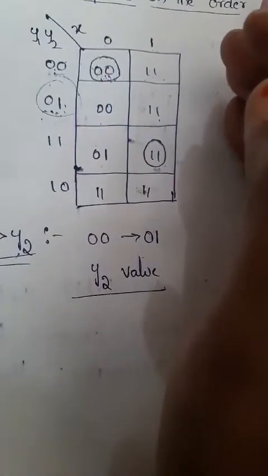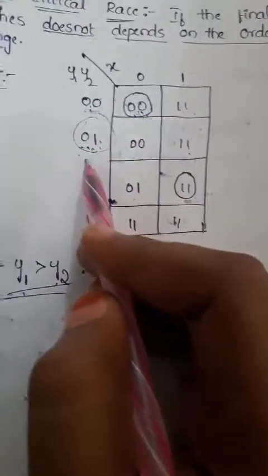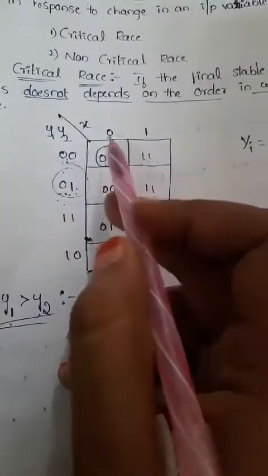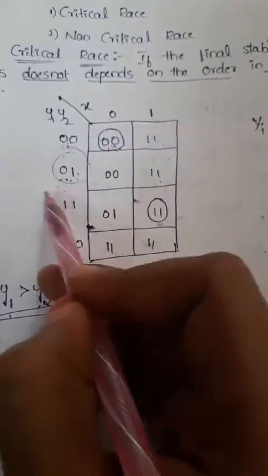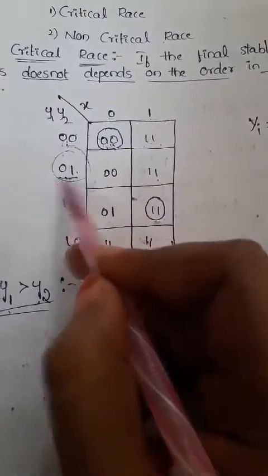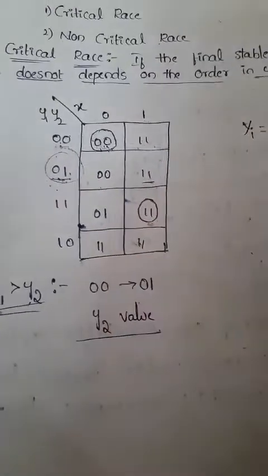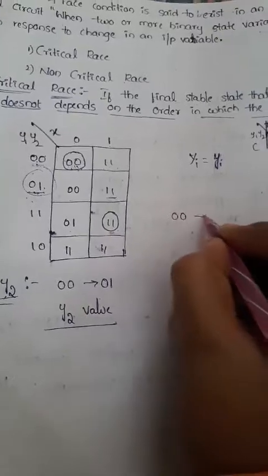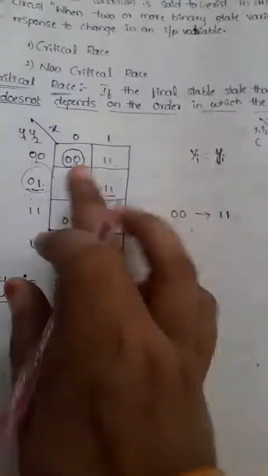In the first stage we are getting 0 0 as present state, but after some time, whatever the delay is represented here, automatically 0 1 is the present state, because we have a feedback path. So in that 0 1 present state, whenever the input changes from 0 to 1, what is the result we are getting in 0 1 state? That is also 1 1. Right, in the first stage we get 0 0 directly changing to 1 1, right?